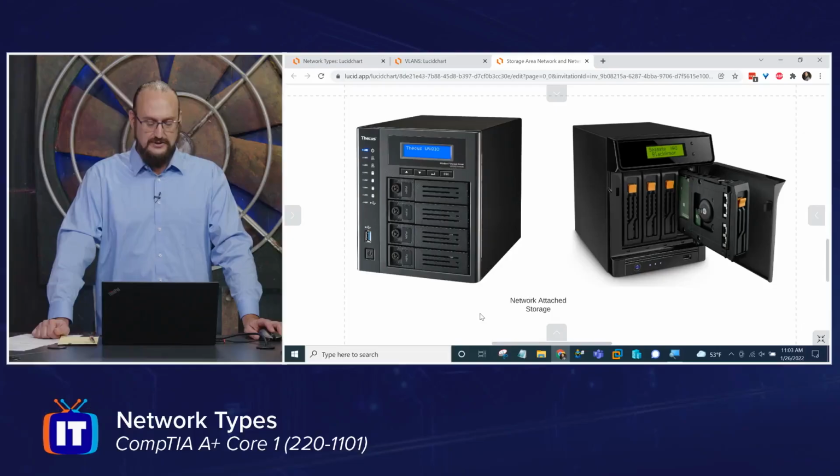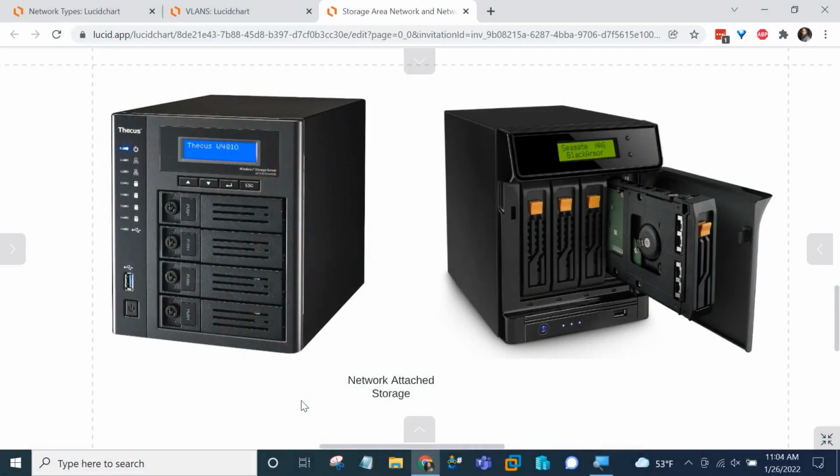However, if you're a smaller business and you can't afford the hundreds of thousands of dollars that it could potentially take to spin up a whole storage area network, then what you could do is put a highly optimized, dedicated single device within your network, what's known as a network attached storage device. Ladies and gentlemen, just keep in mind that what we're talking about here is nothing more than a file server.